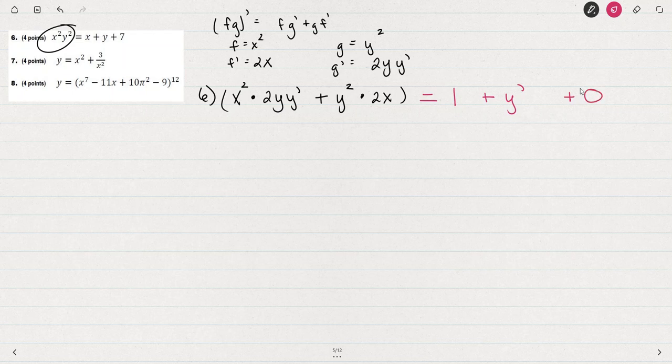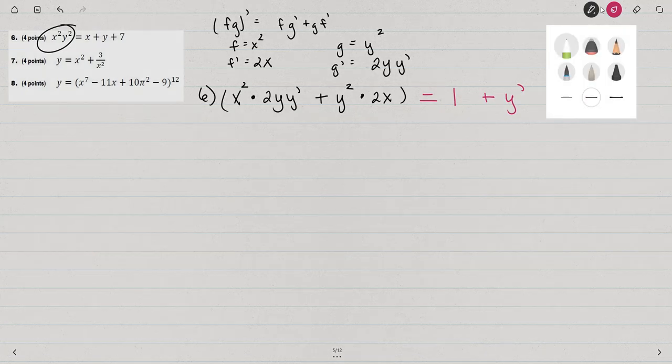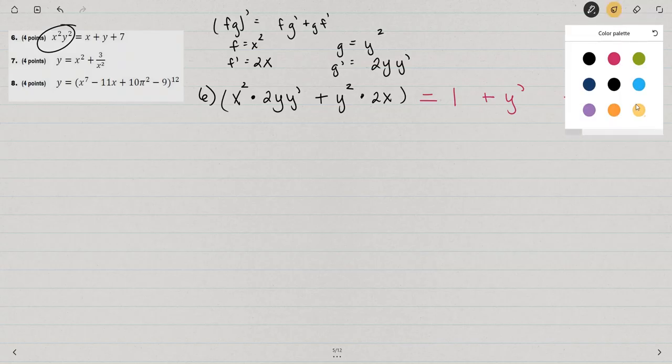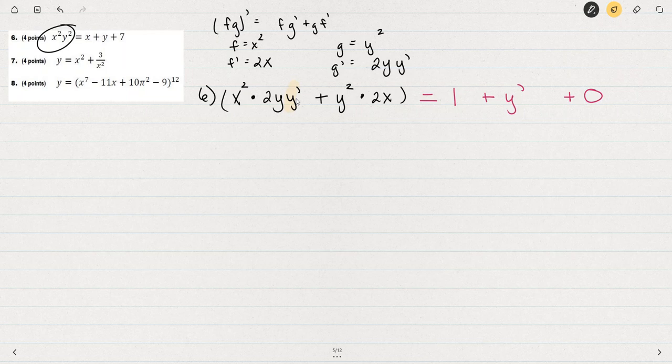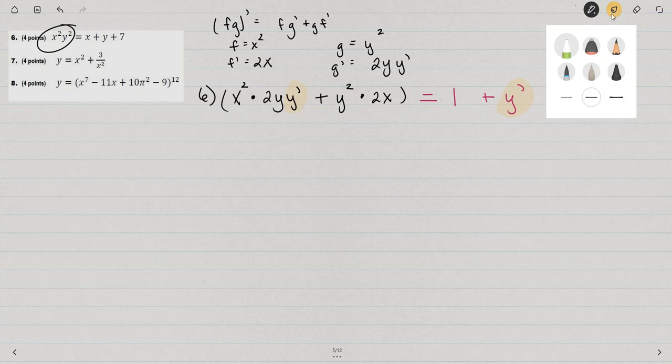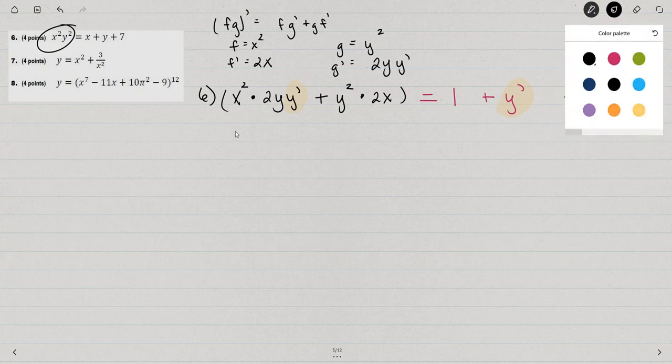Now I need to solve for y prime. As I look through the equation I have, it looks like there are 2 y prime terms. I'm going to move all the y prime terms to one side.